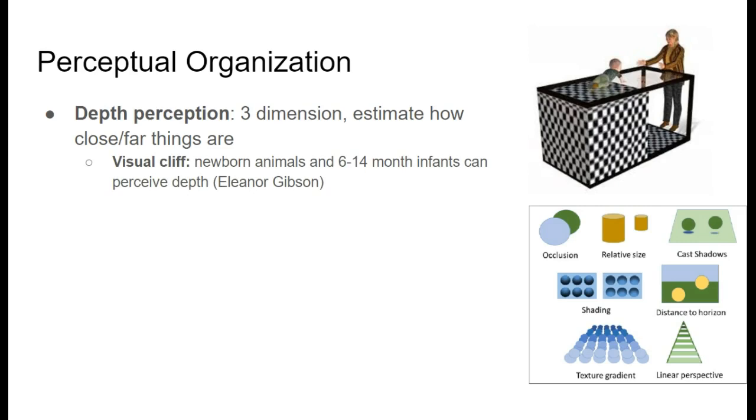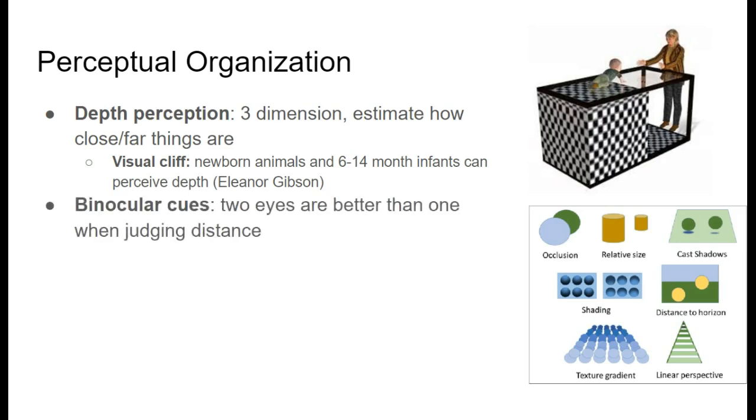Eleanor Gibson did a study with newborn animals and infants and found that at 6 to 14 months of age, infants can start to perceive depth. I know it's kind of a big age gap, but the more important point is that it starts very young. So at a very young age, infants understand depth perception and would no longer crawl across that box.